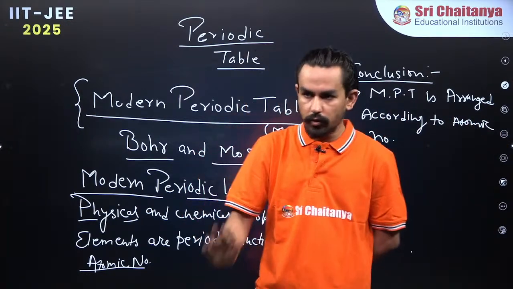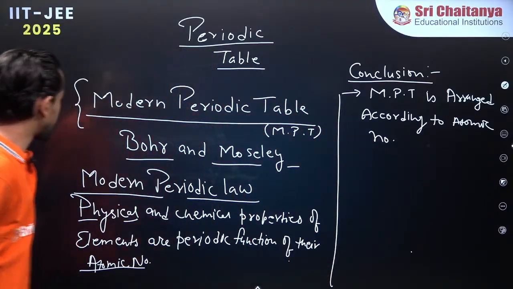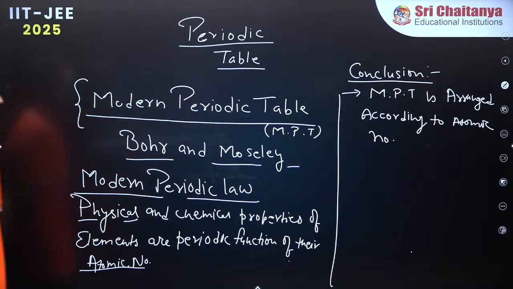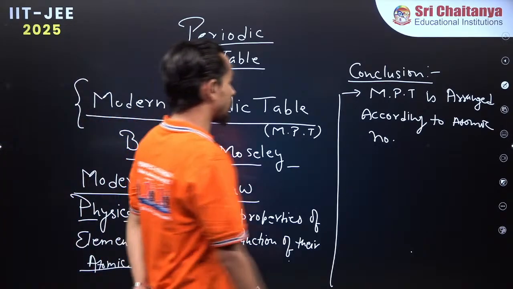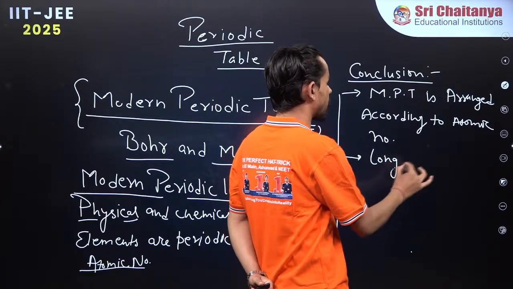This is the first thing that can be directly told by the law of Moseley and Bohr. Now, what else we can see is that it is also known as the long form of the periodic table.